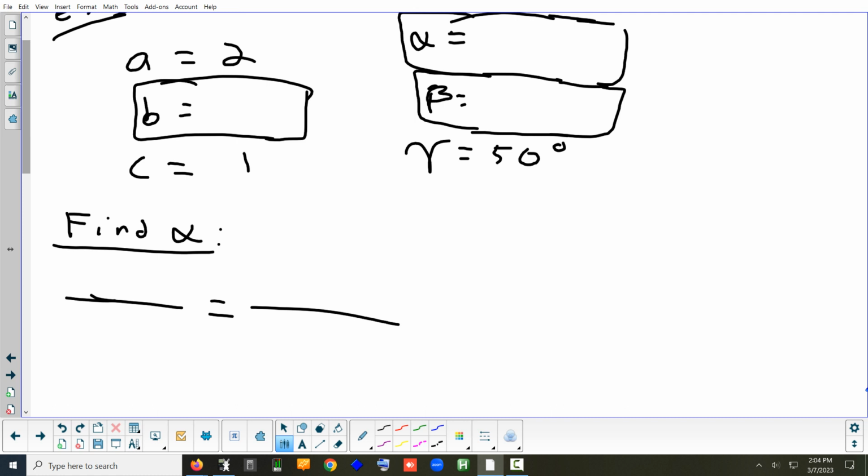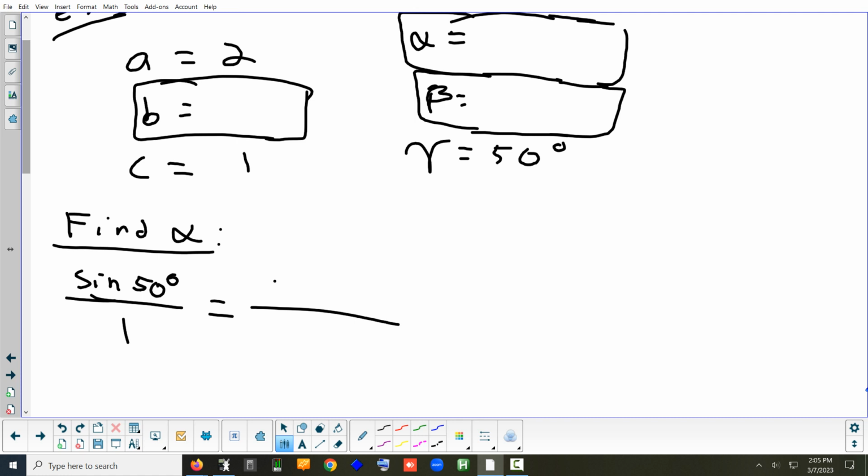What can I put on the left-hand side? Yeah. Sine 50 over 1. Yep. Sine 50, and this time it's just over 1. So dividing by 1 doesn't even change it. So sine 50 over 1. And what would go on the right? Yeah.